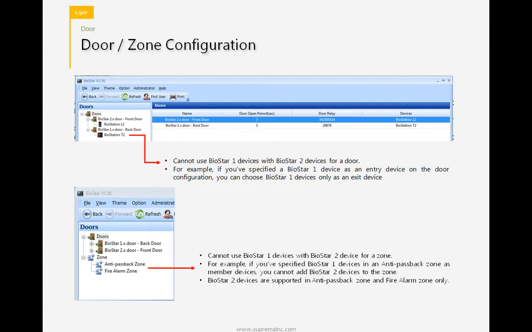You cannot use version 1 devices and version 2 devices for the same zone. And BioStar 2 devices are only supported in anti-passback and fire alarm zones.